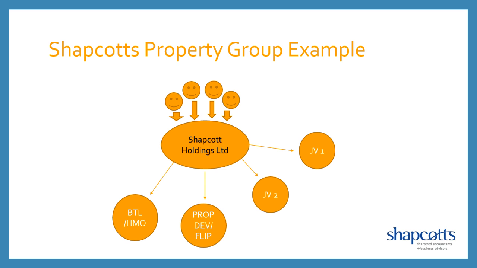Some of the cons: there are more companies, there are therefore more accountancy fees and more tax bills. There are greater running costs and there's greater administration because you've got to keep track of which company is doing what and where does everything need to go and all that sort of thing. And because it's through a limited company and through a more complex structure, there does tend to be fewer lenders out there that will lend to you.